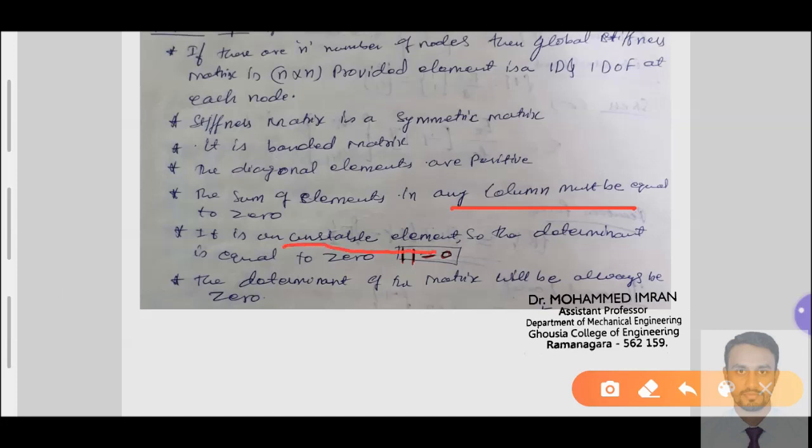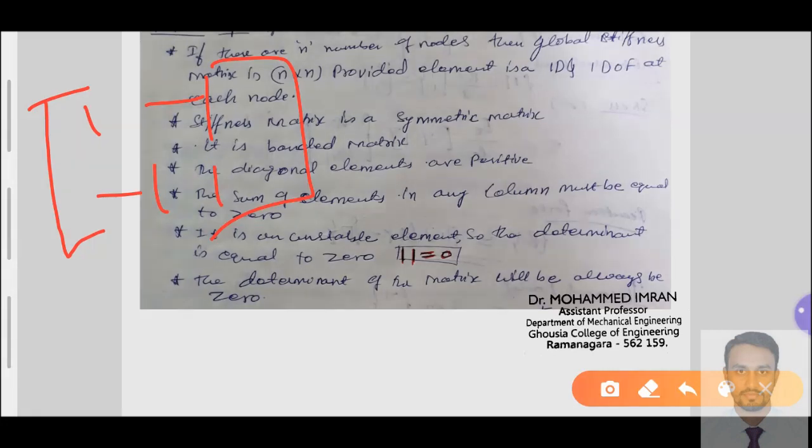Similarly, for an unstable element, the determinant is equal to 0. If you take this as a determinant, 1 minus 1 minus 1 1. Why am I taking this one? When you derive the elemental stiffness matrix, you will come to know why I have used this one. Mod of 1 minus 1 minus 1 1.